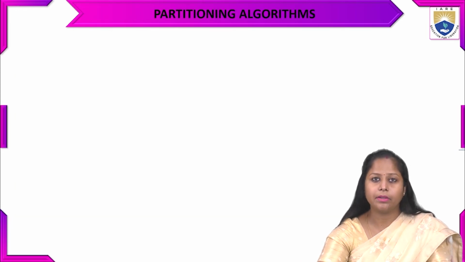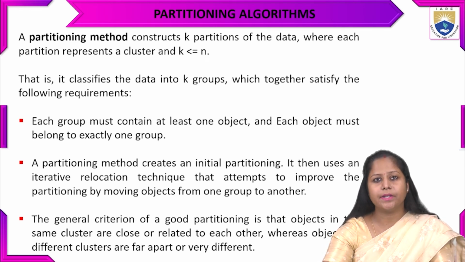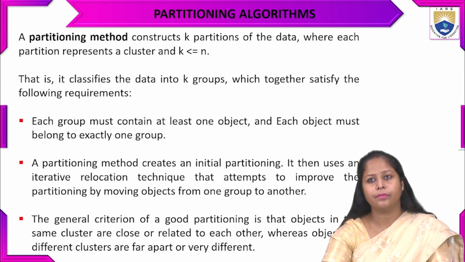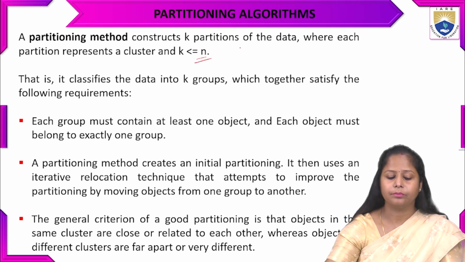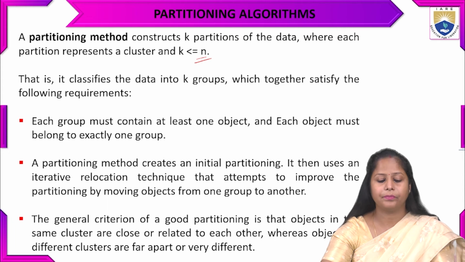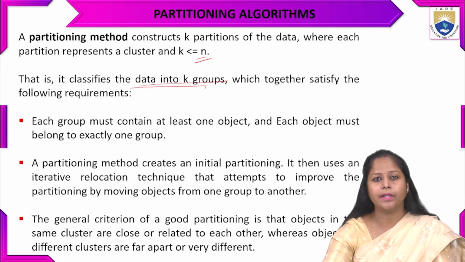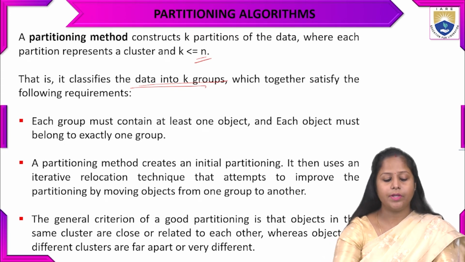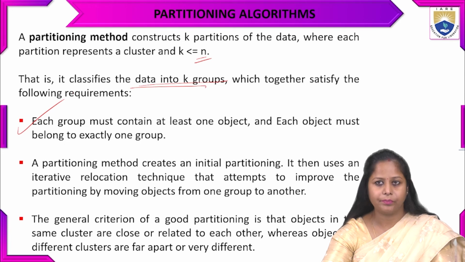First is the partitioning method. A partitioning method constructs k partitions of the data, right, where each partition represents a cluster, okay, and k is less than or equal to n. That is, it classifies the data into k groups, which together satisfy the following requirements. First, each group must contain at least one object.